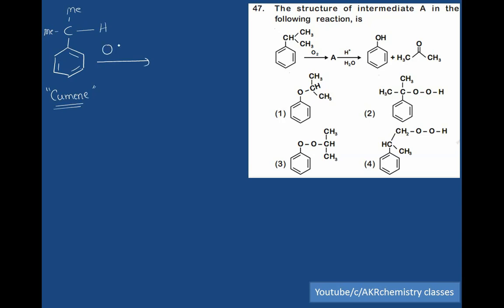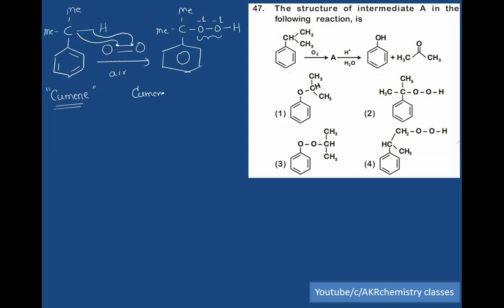When it is subjected to oxidation in presence of atmospheric air, pi electrons get bonded here. We get an unstable intermediate: carbon, methyl group, oxygen, hydrogen. This is a peroxide bond.